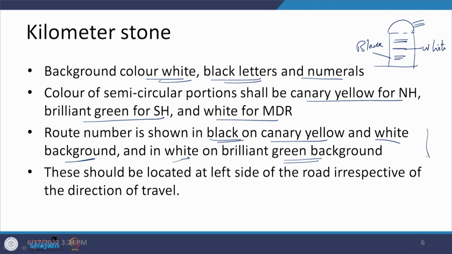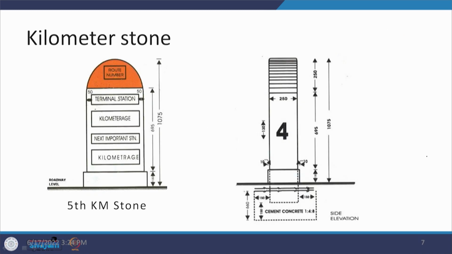All of these stones are placed on the left hand side, which you must have seen also. Let us look at the fifth kilometer stone. What you can see is that there are two places being informed, and there are related distances which are again being informed here.